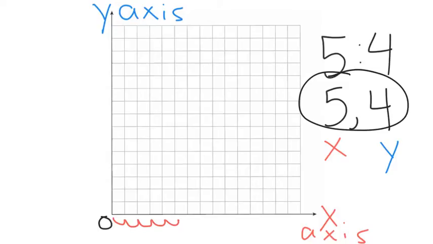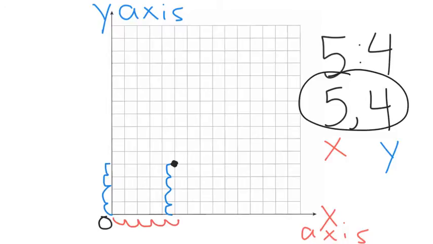Follow this up. And then you would count 4 lines up on the y-axis. So you would go 1, 2, 3, 4. Or an easier way to do that might be to do it over here. 1, 2, 3, 4. So if we wanted to plot the point 5, comma 4, it would go right here. That's how you plot a point.